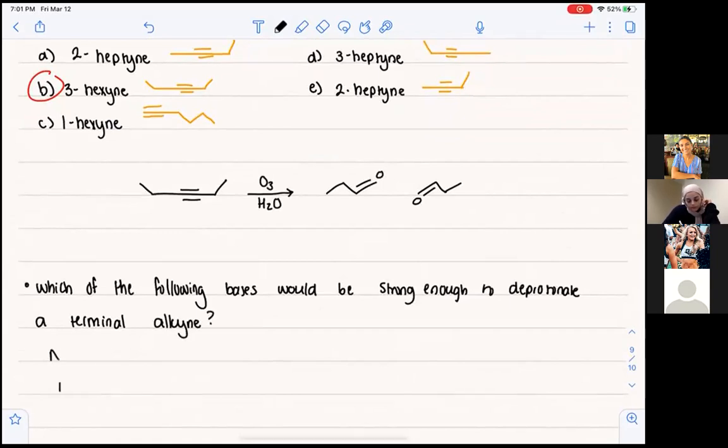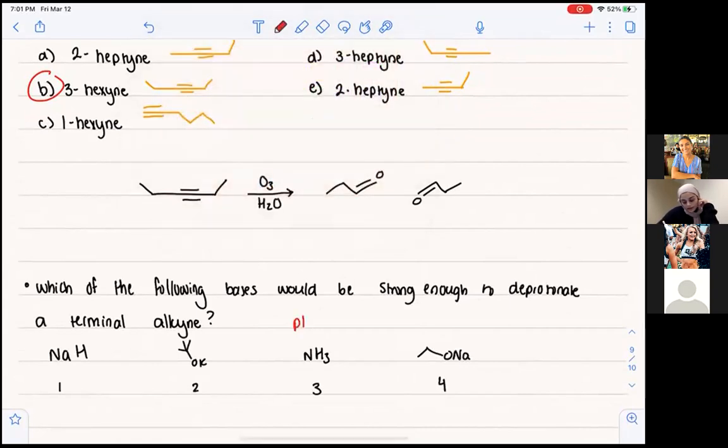Here we have 1, which is NaH, 2, which is our nice little bulky base, 3, NH3, or 4, NaOH.